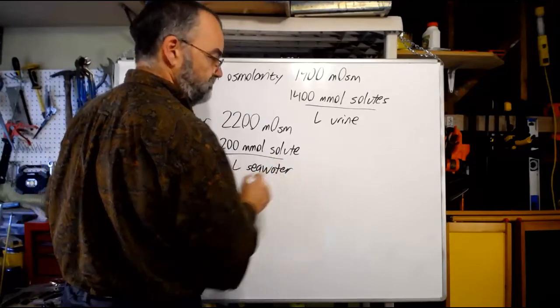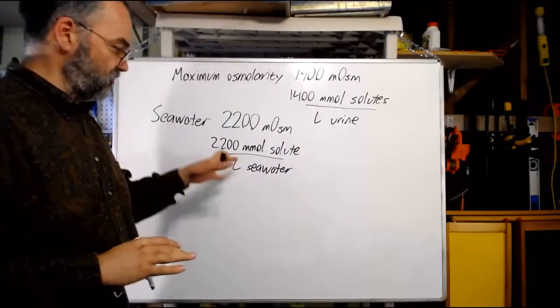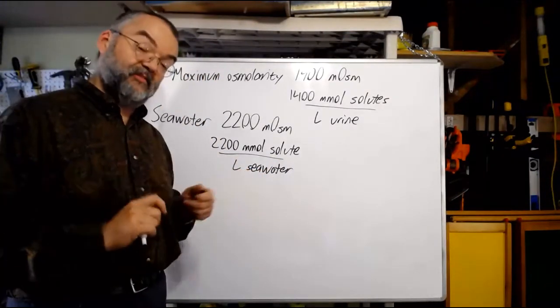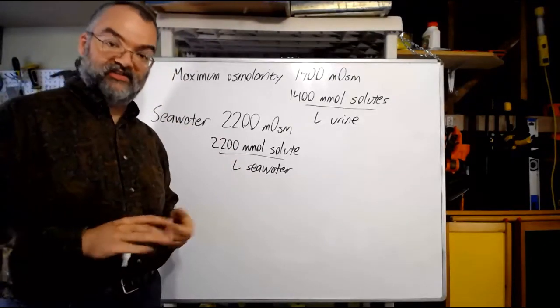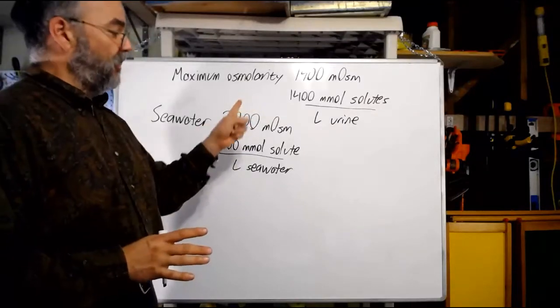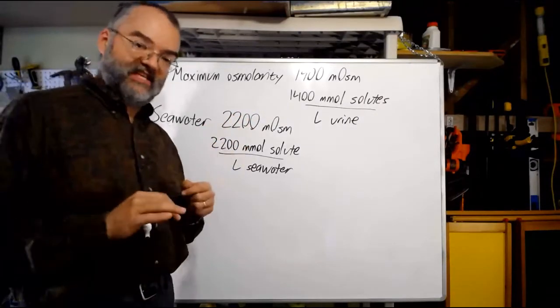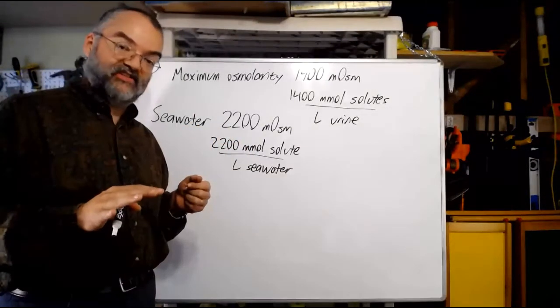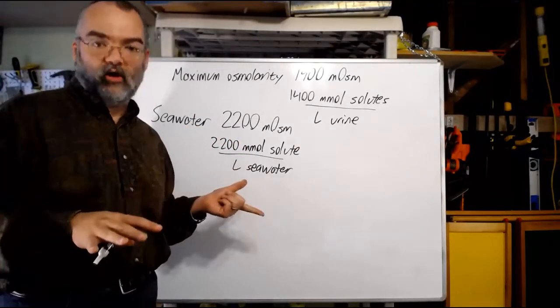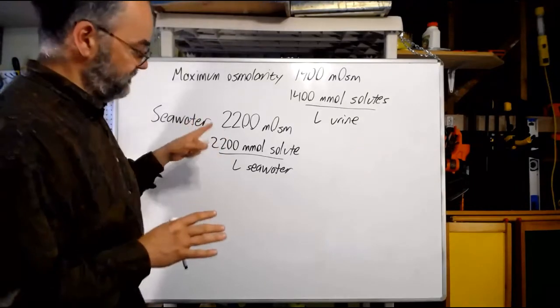Those solutes are mostly sodium and chloride, although there's all sorts of interesting stuff in seawater, including a small amount of gold, interestingly. But most of that 2,200 millimoles is salt. So if I take in 1 liter of seawater, my body has taken in 2,200 millimoles of salt plus about a liter of water. Okay.